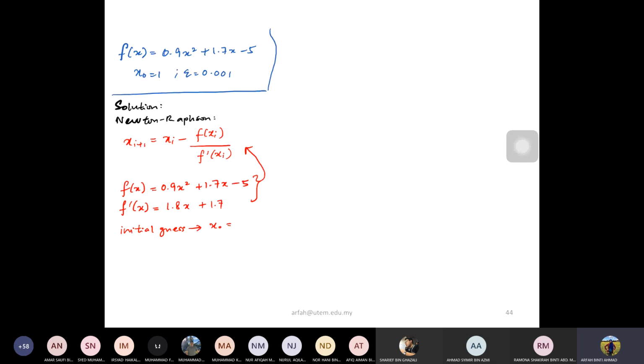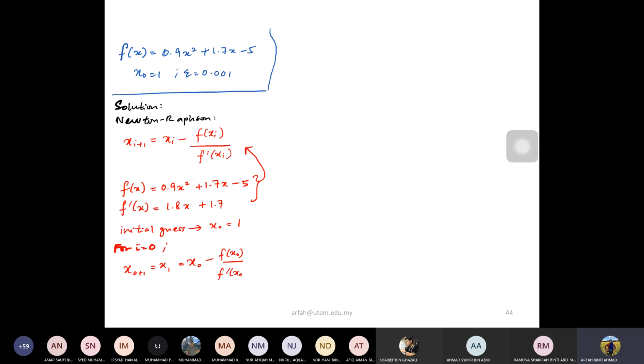So soalan dah ada bagi x naught sama dengan 1. Bermula dengan x naught sama dengan 1. So daripada sini x for I equal to 0, x untuk I tambah 1, 0 tambah 1, x iteration pertama sama dengan x naught, I sama dengan 0, tolak dengan f x naught divided by f prime x naught.